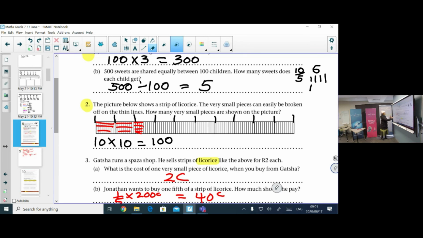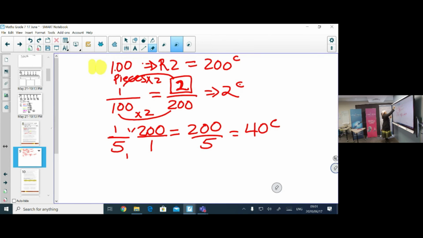So it becomes easy, whereby you see that it's 25 over 100, because there are 100 pieces. So if you simplify this, it's 1 over 4.